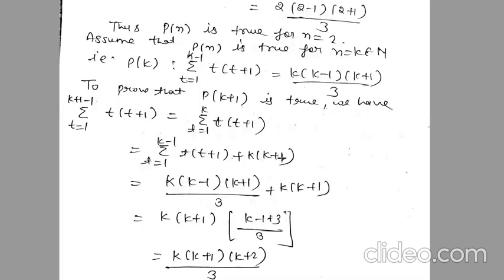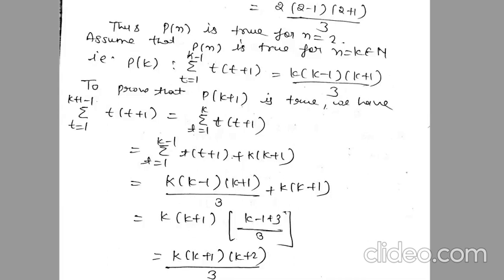But before the last term, you get a term for k minus 1. Before k plus 1, you have the term k minus 1. So you can write the sum up to k minus 1 of t plus 1, and the value of this term we have as (k minus 1)(k plus 1) upon 3, plus k plus 1.